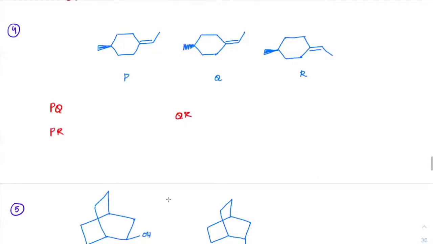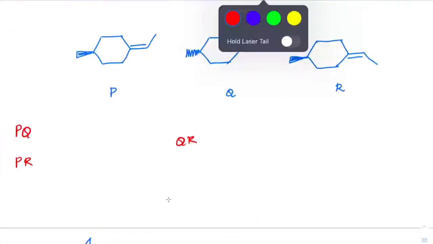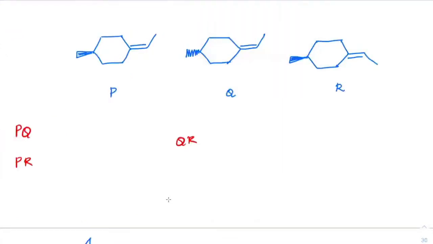If you go from this end, check out 1, 2, 3, 4, 5. Here you get a cis form, which means Z. But if you go from the other end, 1, 2, 3, 4, 5, 6, you get the trans form, which means the E isomer. So from this end I get the cis isomer, and from this end I get the trans isomer.